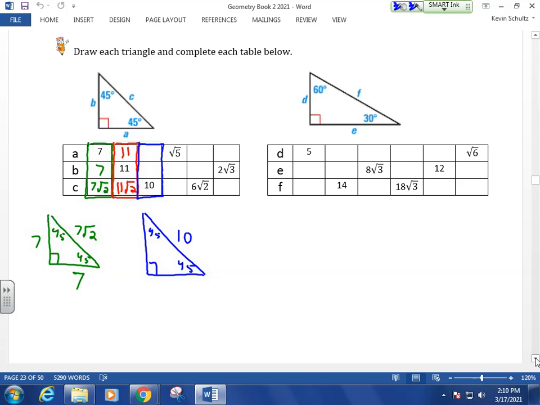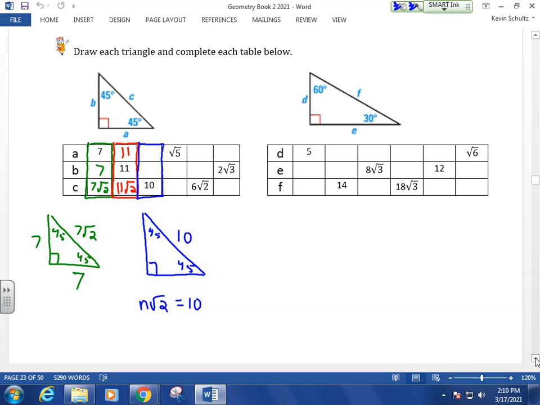Now, this is where knowing these ratios is very, very helpful for you. What's the ratio for the hypotenuse of a 45, 45, 90 triangle? What's the value of the ratio? Well, N to N root 2, right? The hypotenuse side is the N root 2 side. So we can set up the equation that N root 2 equals 10.